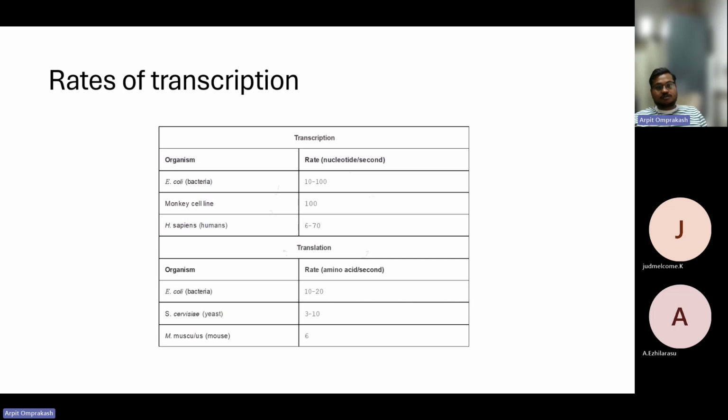The rates of transcription are comparable, whereas the rate of translation is very high in E. coli compared to eukaryotic organisms such as mouse. This is probably because of the nuclear barrier and the additional capping and polyadenylation that is needed to form the mature mRNA.